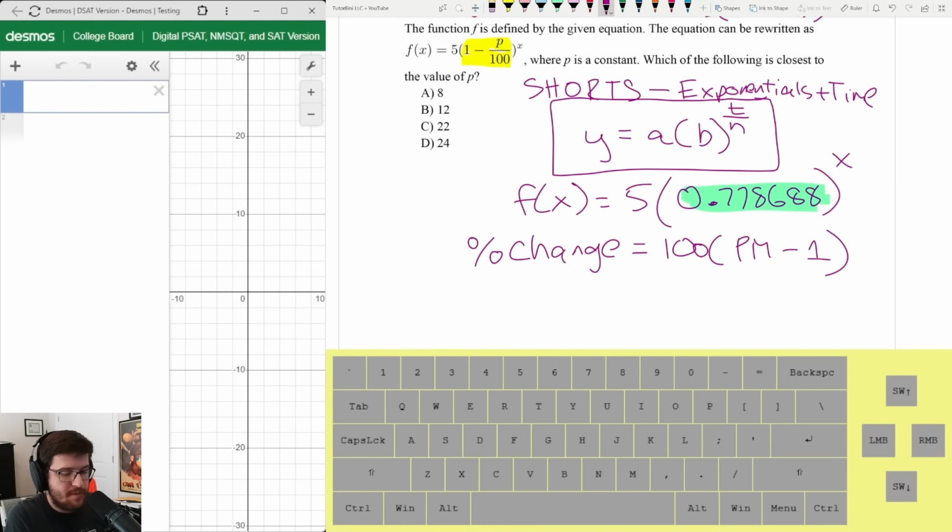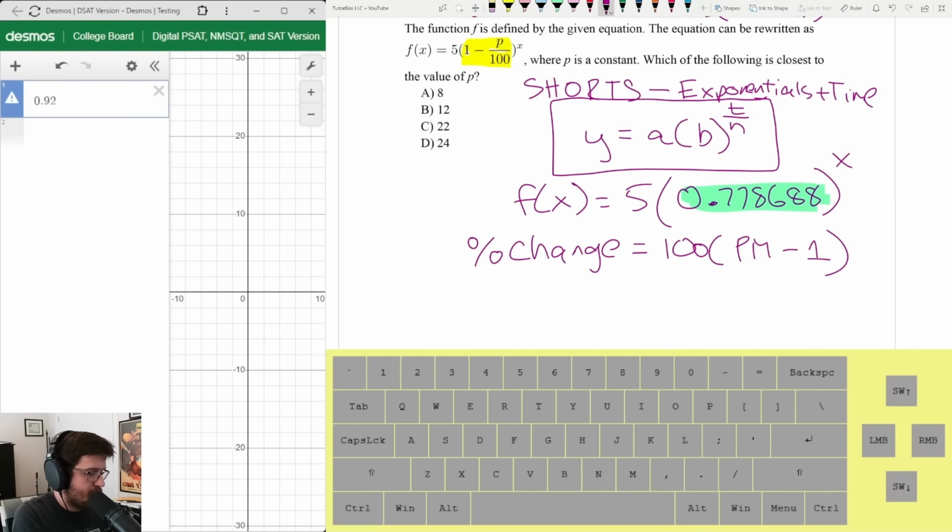Okay, so 0.92 to the 3rd, and then we're going to do 100 times that number, which is our multiplier, minus 1. You can approximate it, it doesn't have to be exact.